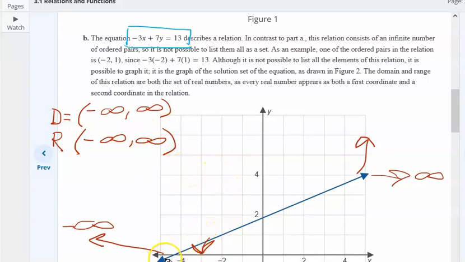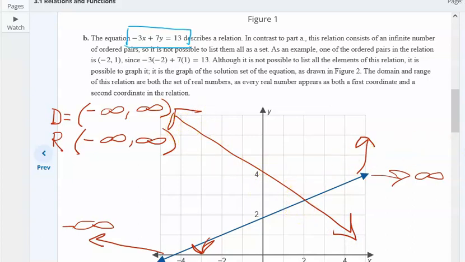So you might think of any graph that is positive slope would have these values, and also if it's negative slope would have these values.